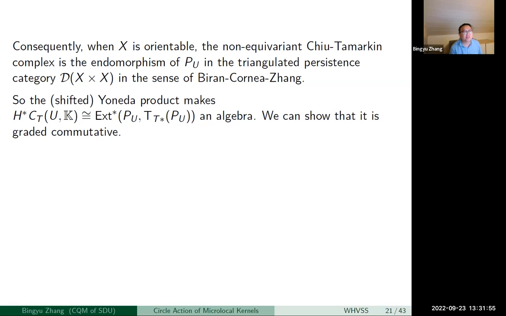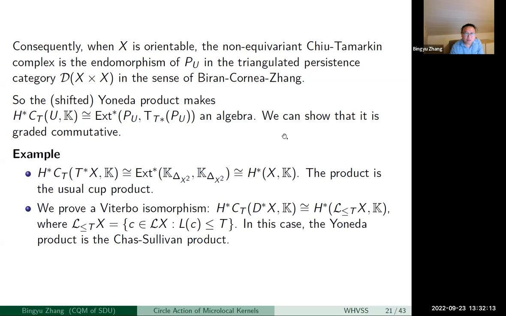If we think of the Tamarkin category as a triangulated persistence category, in this case we see that in the non-equivariant Chiu-Tamarkin complex, we have a natural unit product. And this product is graded commutative. The first example is, as usual, for the whole cotangent bundle, we will get the Euro cup product.